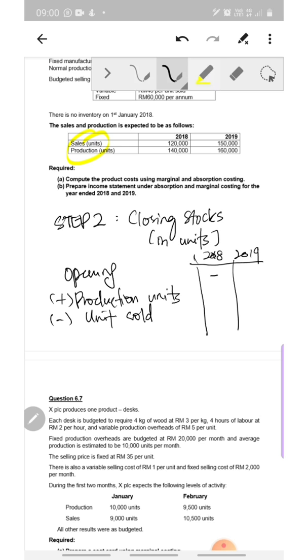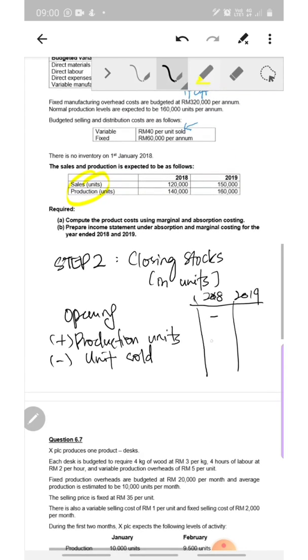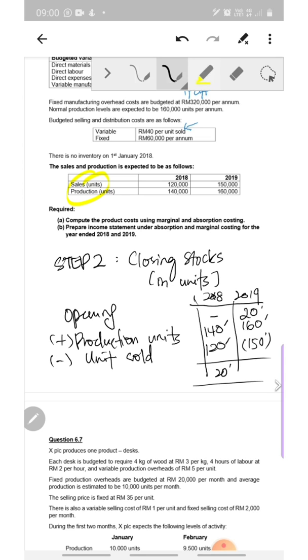Opening doesn't exist in the first year. Production units 140,000, units sold 120,000, so remaining 20,000. So 20,000 will become the opening stock next year. Production 160,000, units sold 150,000, so the answer is 30,000 in the second year.